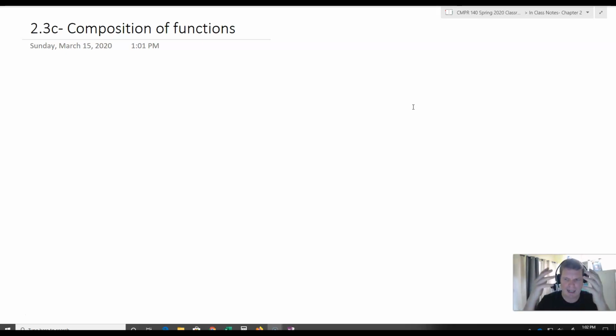We're going to add another layer to it, and then I'm going to briefly review how we do things algebraically. But first we want to see that we've got a notation for composition.